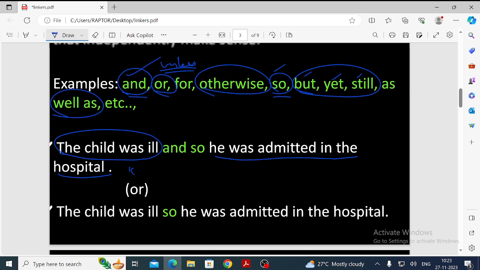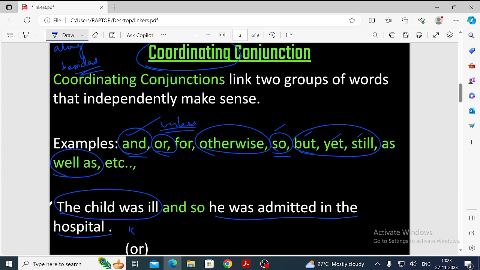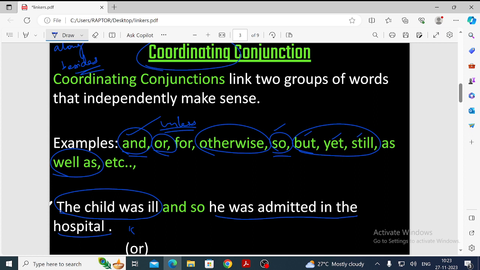For example, the sentence, walk fast, blank, you will miss the bus, otherwise. For example, he was not feeling good, he attended the exam.